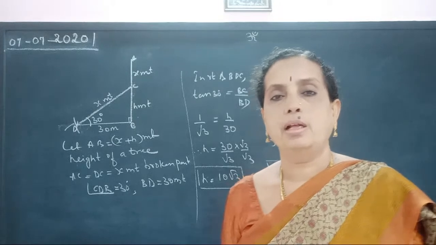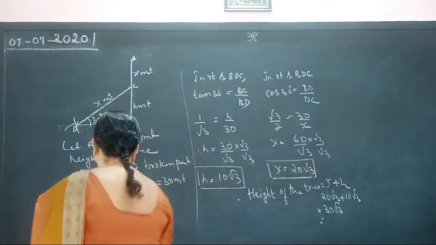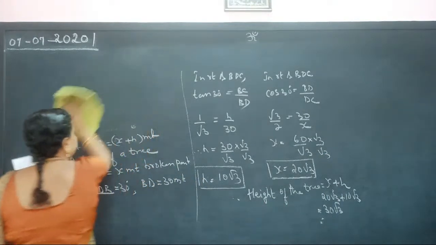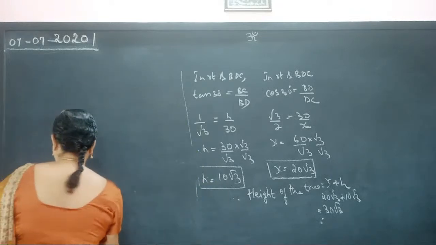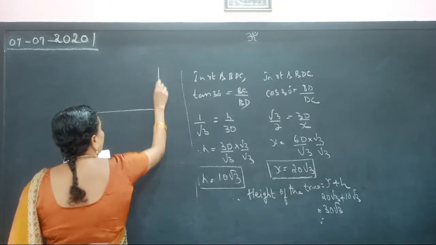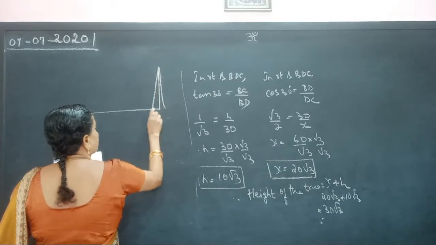Question number 2. The shadow of a tower standing on a level ground is found to be 50 meter longer. This is the tower.